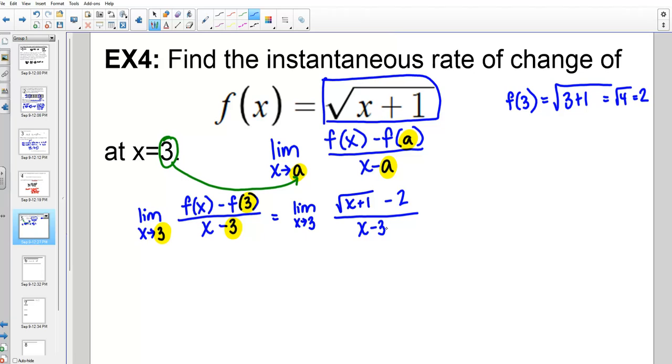Calculus is so great because it just keeps bringing back stuff we've already done. And we weren't great on this one on the test. What have we got to do to solve this limit? Multiply by the conjugate. So we are multiplying the top by the square root of x plus 1 plus 2, and the bottom, I put that x minus 3 in parentheses, square root of x plus 1 plus 2.